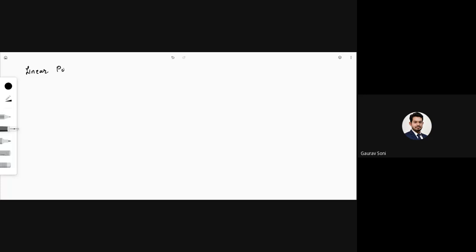Linear polynomial. This is a polynomial of degree 0. Oh, sorry, 1. Polynomial of degree 1. Yes, can someone tell me an example? f of x is equal to a degree 1 polynomial.